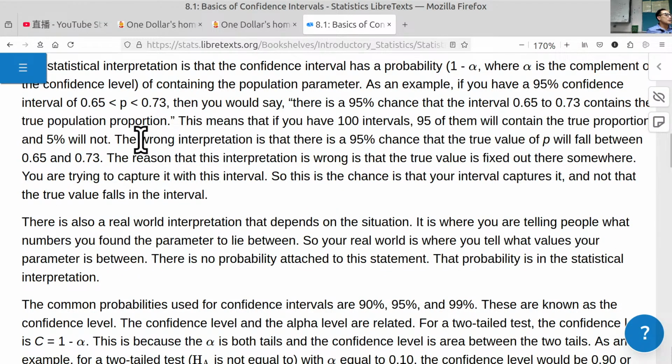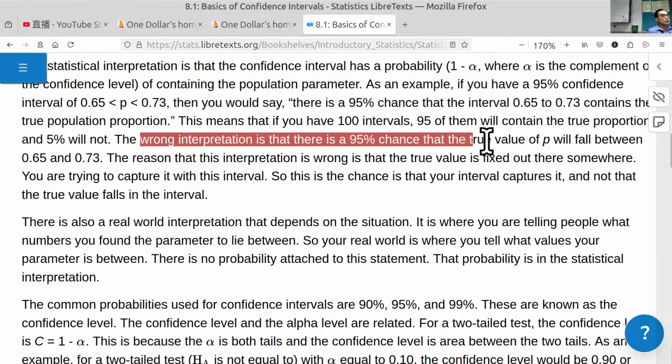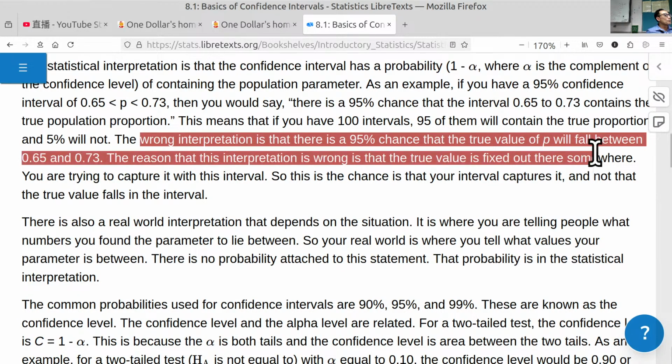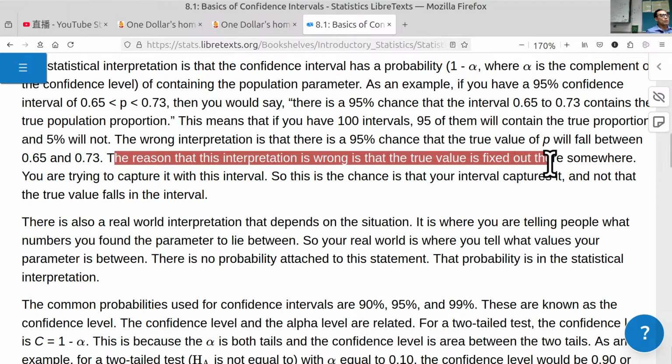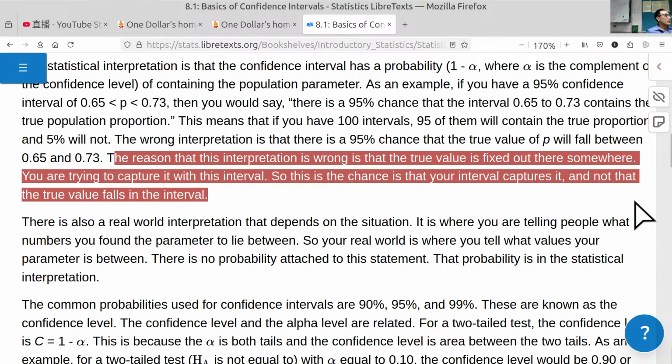The wrong interpretation is that there is a 95% chance that the true value of p will fall between 0.68 and 0.73. The reason that interpretation is wrong is that the true value is fixed out there somewhere, and you are trying to capture it with this interval.